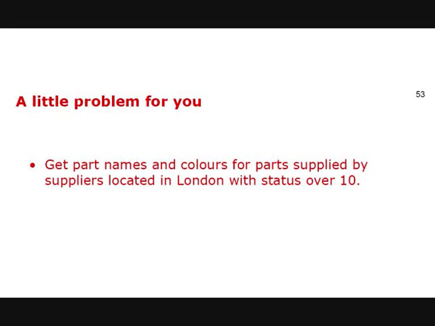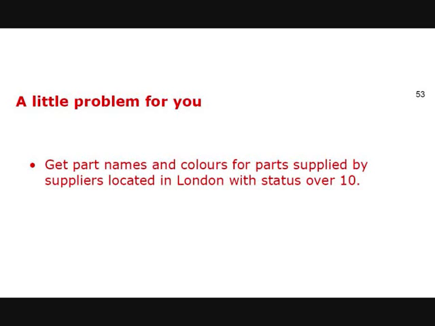Suggestions. What do we begin to do? So the first thing is let's look for the suppliers that are located in London with the status over 10. So how do we achieve that with relational algebra? What operation do we need? Restriction or selection, yes.